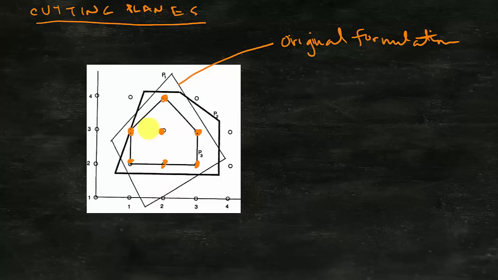And the LP is going to start looking at the whole area of P1 to try to find solutions, and it's going to take quite some time. If we can somehow shrink P1 to something which is smaller and still has the same integer solutions, then that is considered a better formulation.